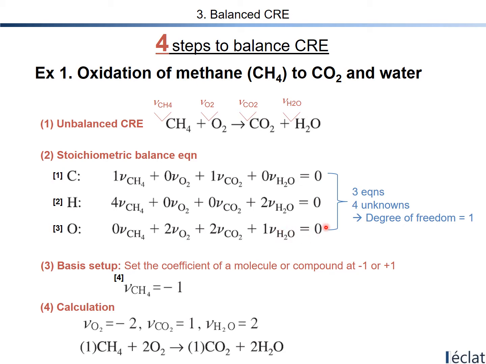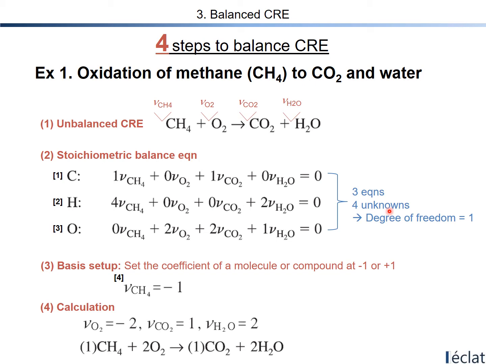So right now we have 3 equations because we have 3 atoms, carbon, hydrogen, oxygen, and also we have 4 unknowns. We have 4 entities in this chemical reaction equation, so 4 unknowns. Degree of freedom 1. I mean if the number of unknowns is more than the number of equations, we cannot solve this problem.